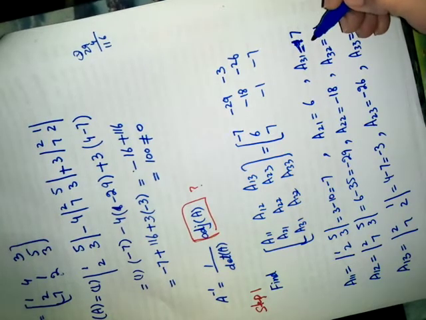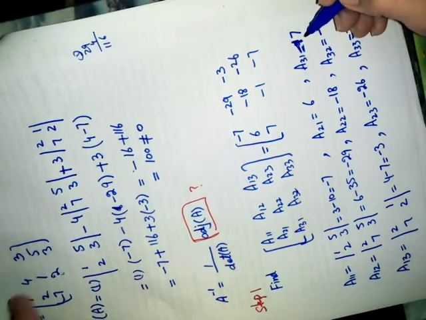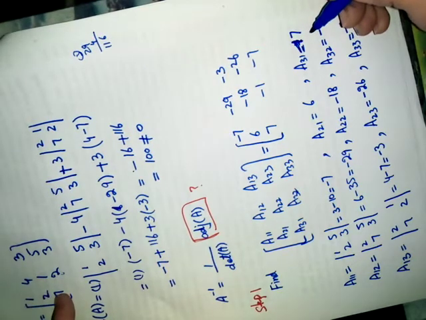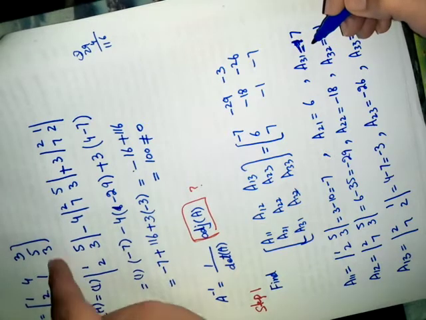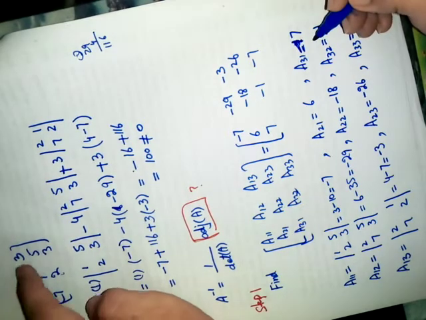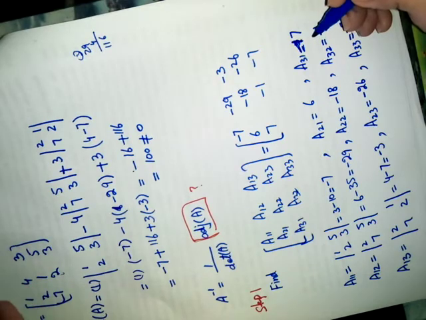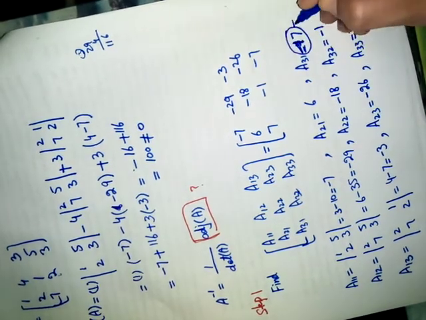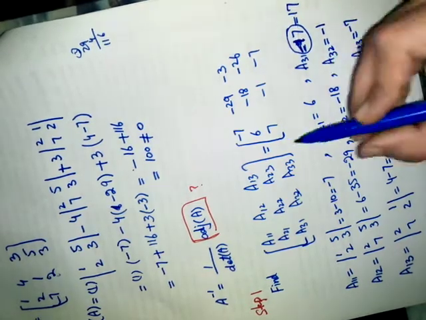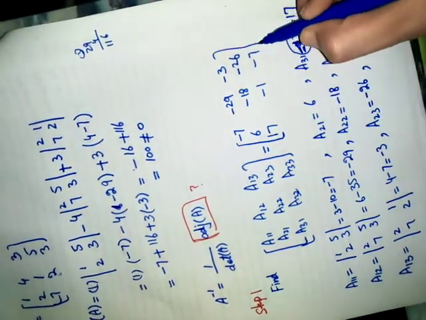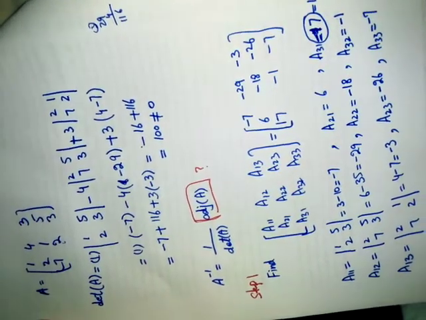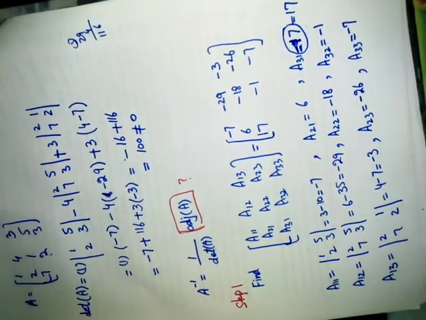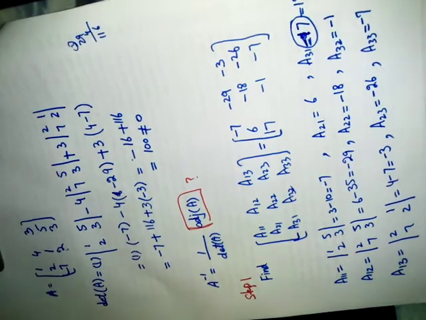A31, leave the third row and first column. It was 5 for the 20, minus 3, it was 17. A31 is 17. This is the minor matrix. This is the first step to evaluate the adjoint of a 3 cross 3 matrix.